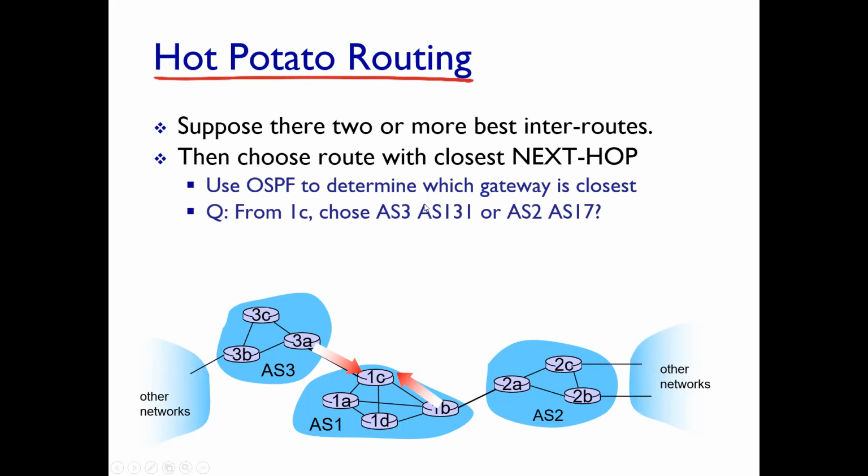So you might choose the route which has the closest next hop, and in that case you're going to use AS3 because 1C पे अगर आप बैठे हैं, then you're directly connected to 3A, whereas to get to AS2 you'll have to go through this other gateway router, and that from 1C is more distant, and therefore you will choose AS3, since that is closer.